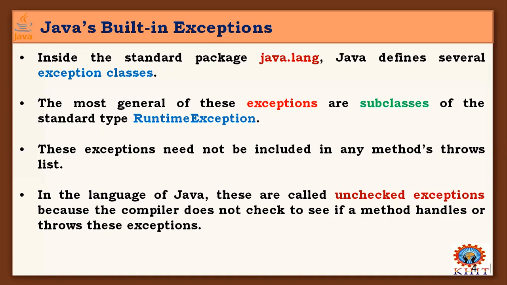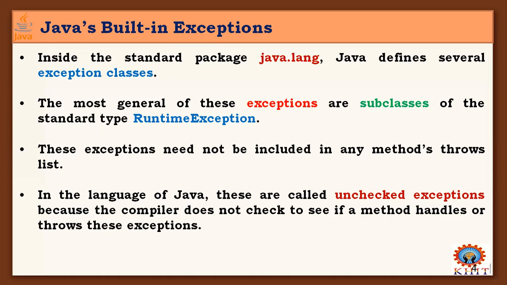Coming to the next point, in the Java language, these types of exceptions we call unchecked exceptions. Remember this point, you may get questions based on this in external examinations: the difference between checked exceptions and unchecked exceptions. Unchecked exceptions are nothing but runtime exceptions.